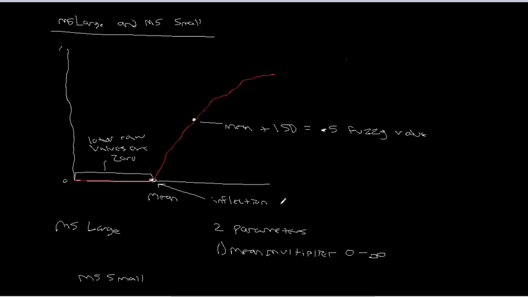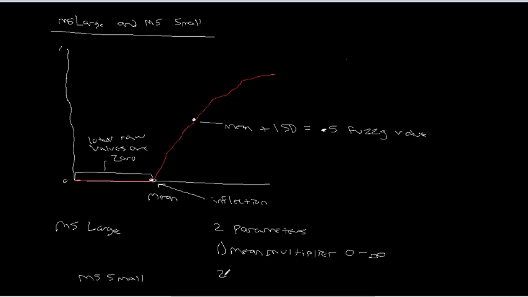Right? So if we set a mean multiplier of 2, what would happen is we would take whatever this mean was, multiply it by 2, and that would be our new inflection point. If we go less than 1, say a mean value of 1/2, we would go back towards the minimum, and that would be our new inflection point. Okay? So we can use this mean multiplier to move this inflection point around.